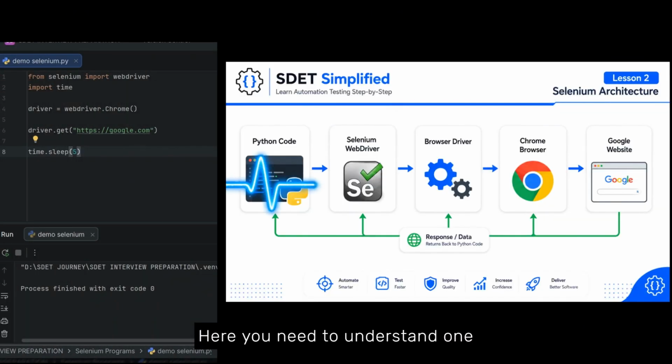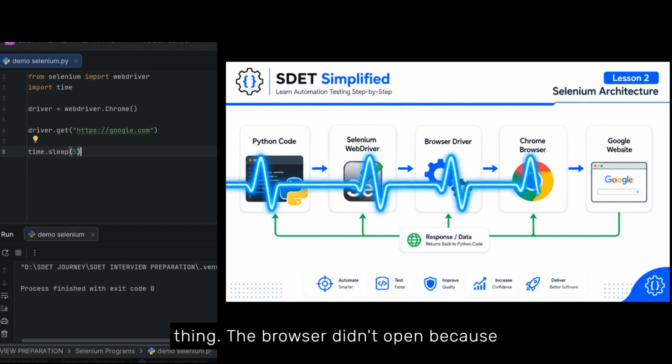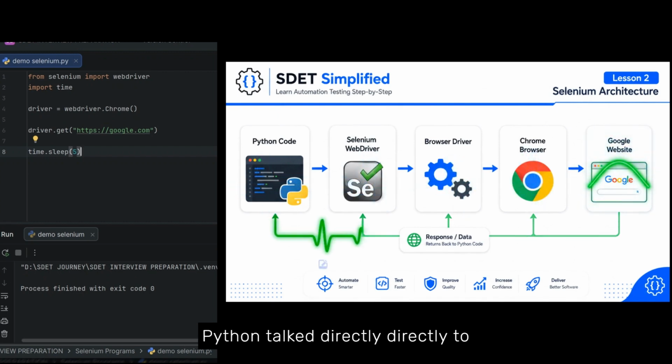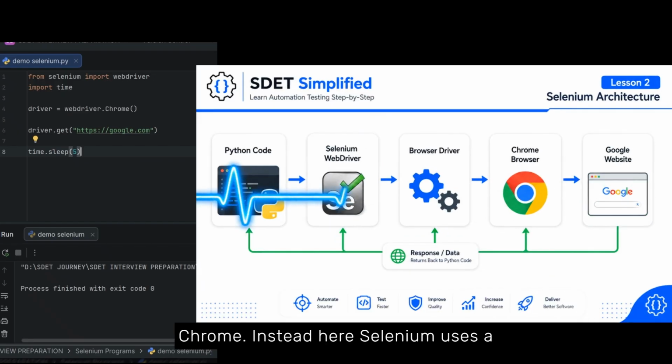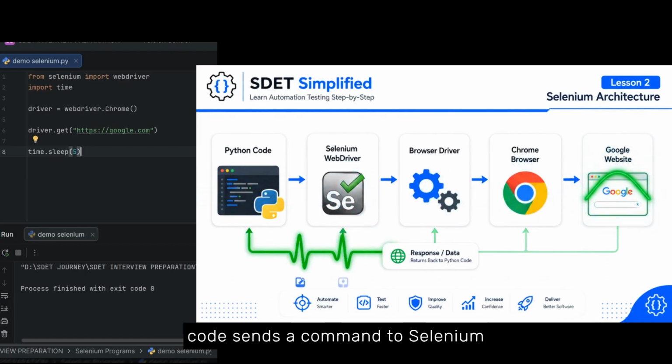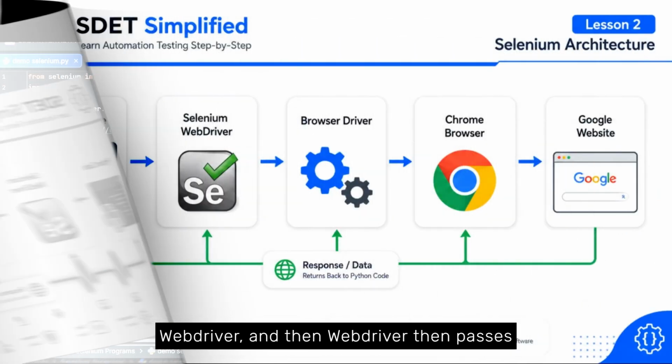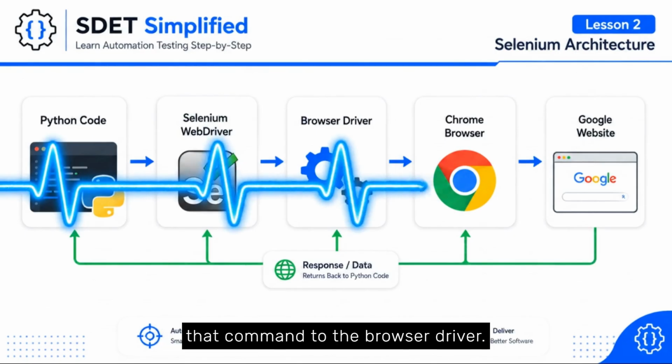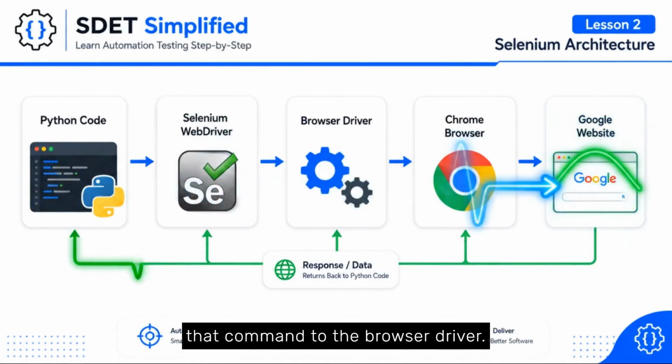Here, you need to understand one thing. The browser didn't open because Python talked directly to Chrome. Instead, Selenium uses a communication pipeline. First, your Python code sends the command to Selenium WebDriver, and then WebDriver passes that command to the browser driver.